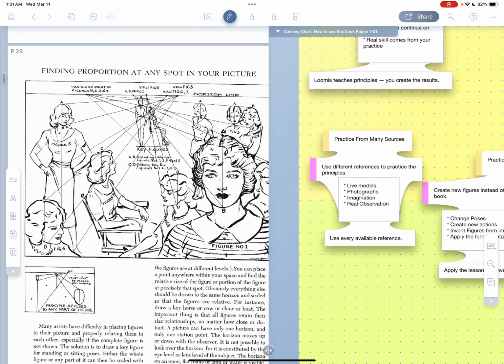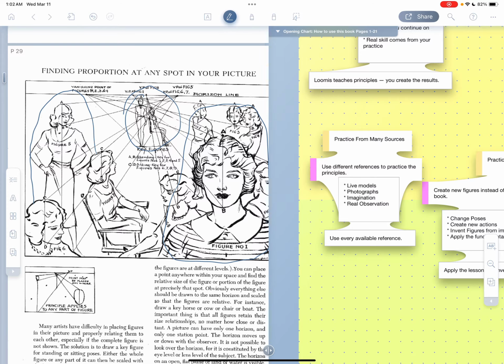So he's saying, take my drawings, right? You see how he has all these figures in perspective. He's showing how to lay these figures out in perspective. This lady right here is closer to the picture frame than her. This person is standing a little bit farther back. He's saying that it's okay to take this reference and go pull up screenshots of your favorite anime, such as Naruto, and study that.